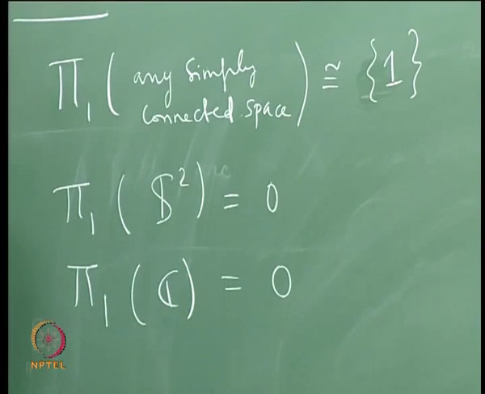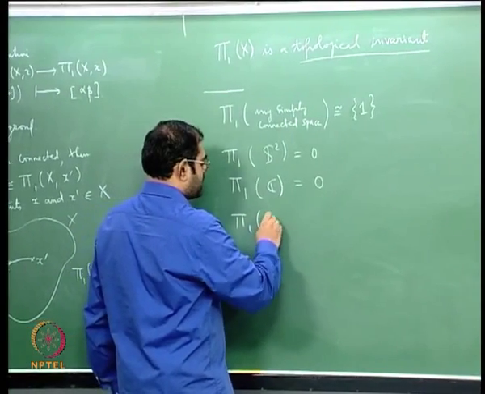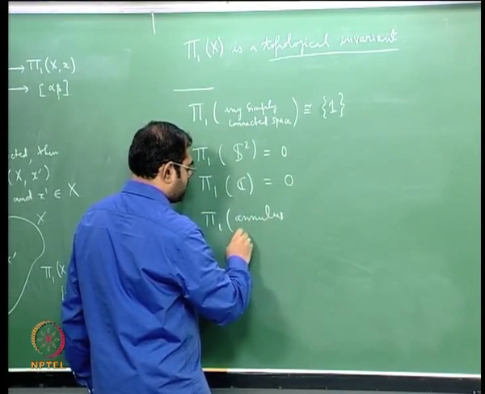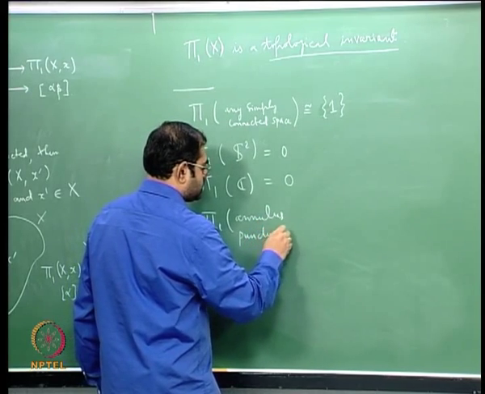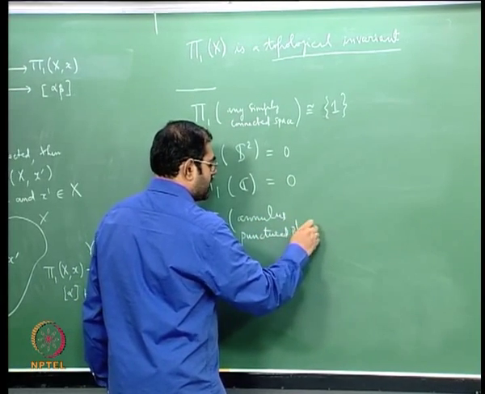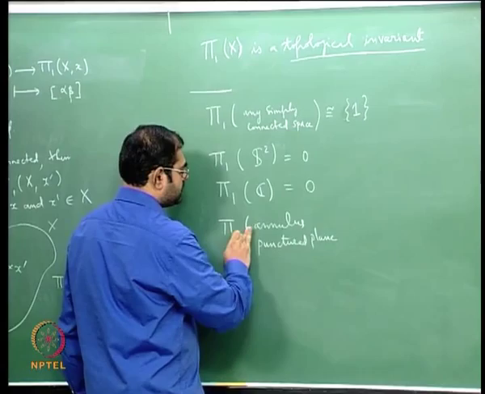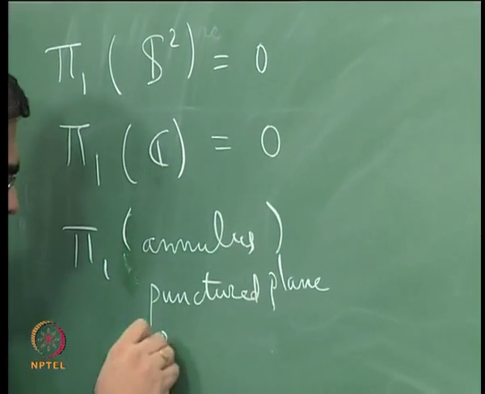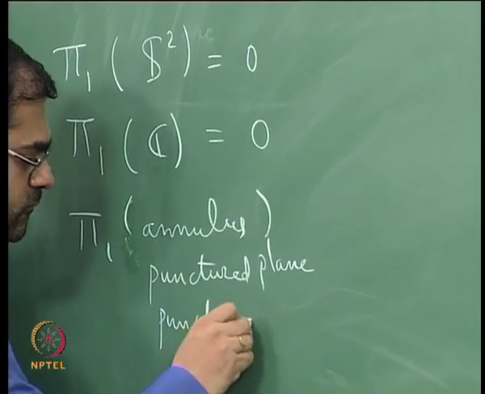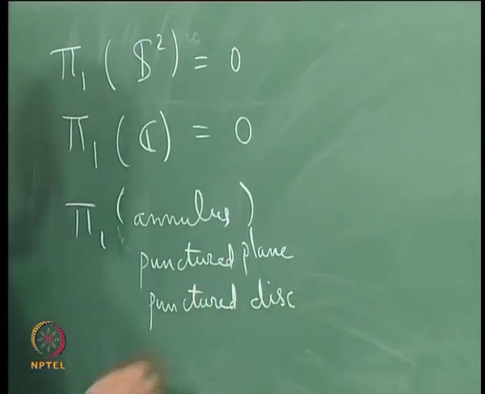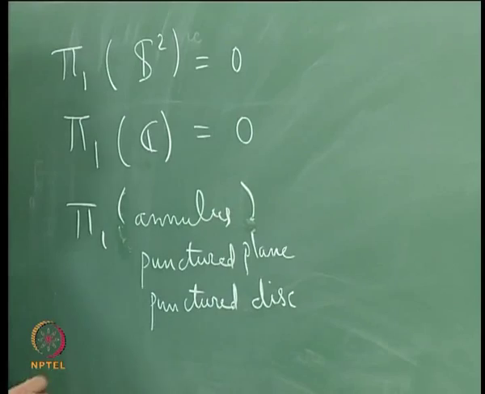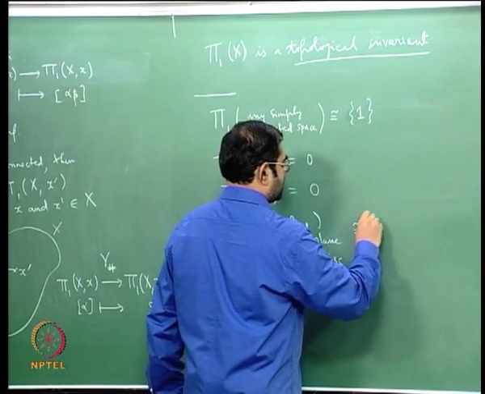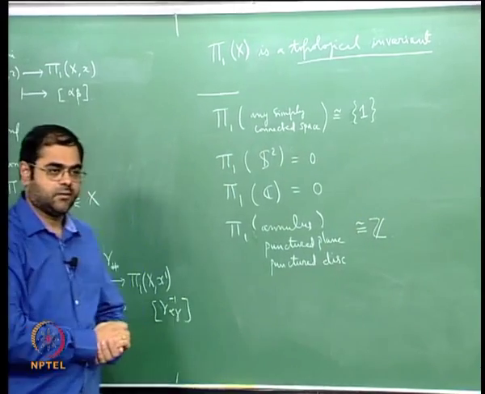So what happens is that if you take pi 1 of an annulus, or if you take a punctured plane, or if you take a punctured disk, all of these will have pi 1 isomorphic to Z, okay.